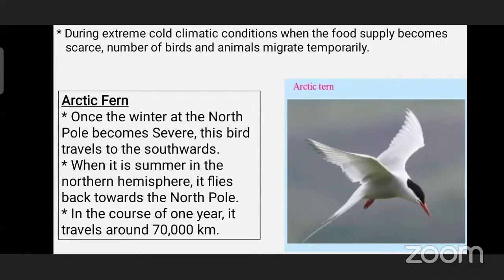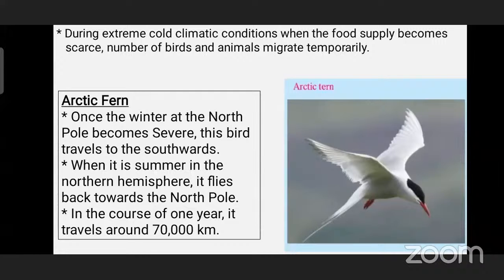Once the winter at the North Pole becomes severe, this bird travels southwards. This bird lives in the northern hemisphere, in the North Pole. When the cold increases, it travels to the southern hemisphere where there is summer season.